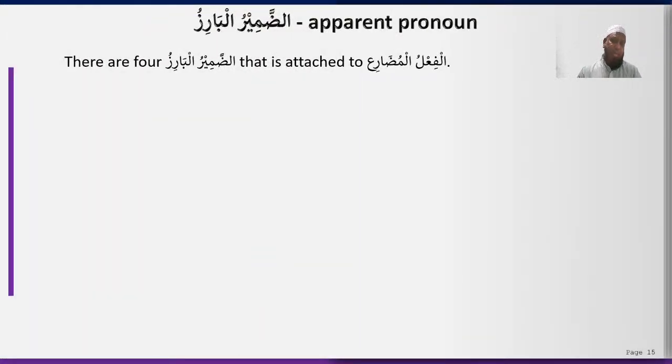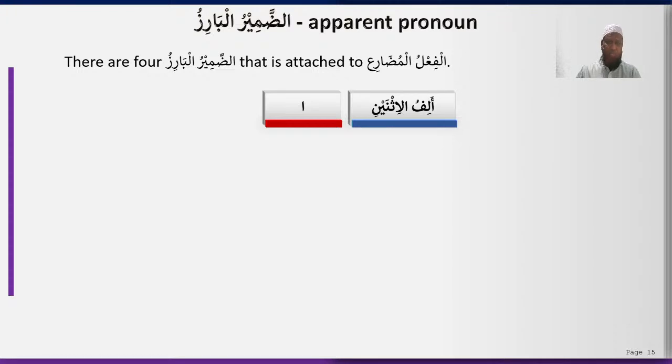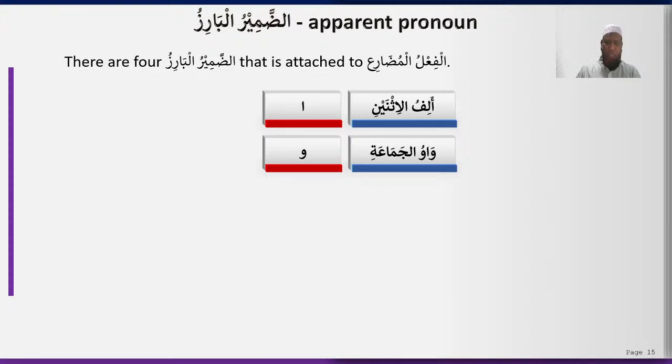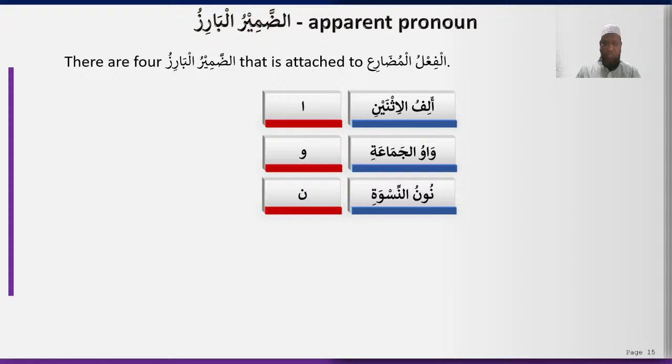There are 4 الضمير البارز that are attached to الفعل المضارع. When the ضمير is visible, those ضميرs will become the fa'il. What are they? Alif, which is called ألف الاثنين. Waw, which is called واو الجماعة. Noon, which is called نون النسوة. There are 2 sigas the noon النسوة comes in. One is جمع مؤنث غائب.